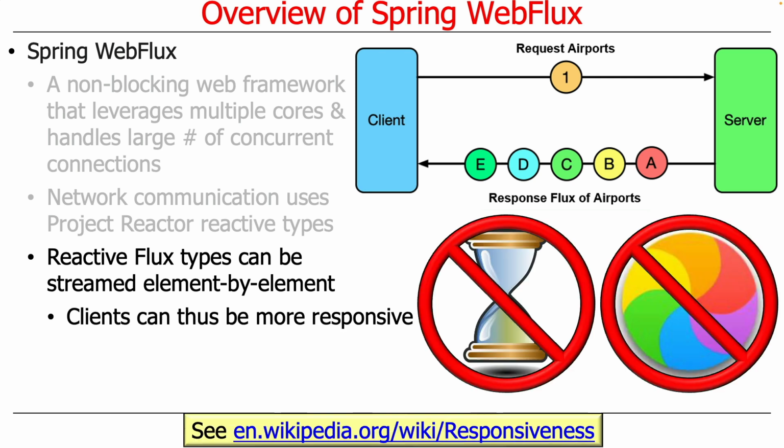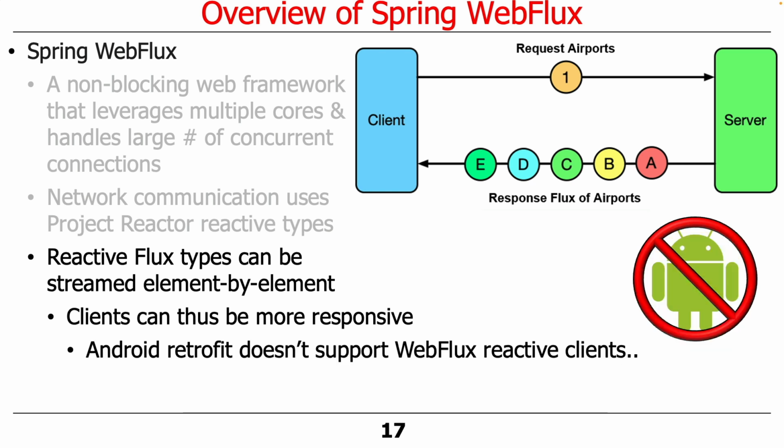So as a consequence, you can make your clients more responsive because as the data starts to come in, it can be displayed right away rather than waiting for it to all be buffered up and sent back in one fell swoop.